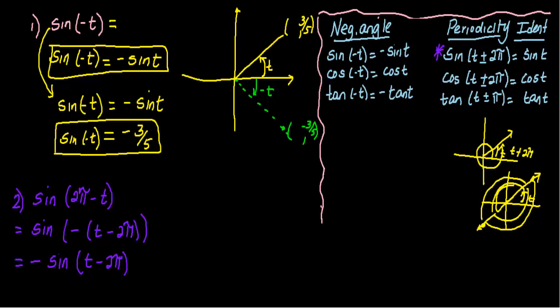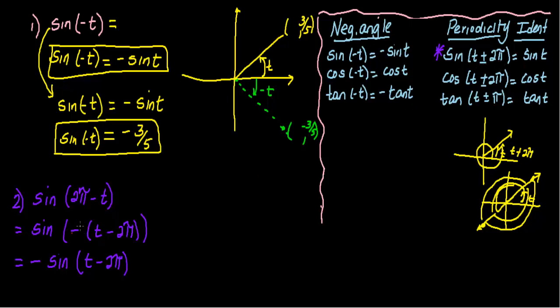So let's go back. I factored out a negative in this expression. Here's the negative I factored out. If I multiply negative times t, I get my minus t. If I multiply negative times negative 2 pi, I get my positive 2 pi, which is what I had originally. So all I did was try and rewrite this as I see it in my identity by factoring out a negative.